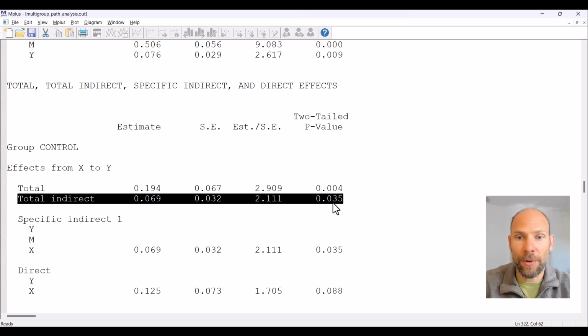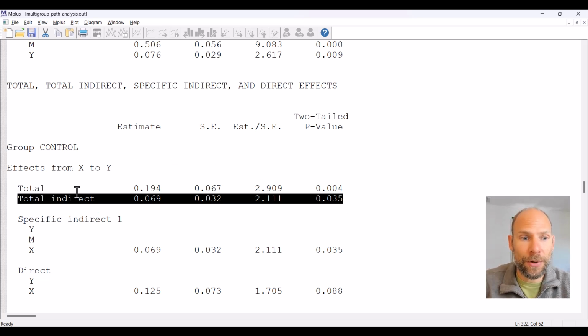The p-value is 0.035. Now, as I mentioned earlier, a better way to test the statistical significance of an indirect effect is by looking at the bootstrap confidence intervals, which are asymmetric, and then determining whether the confidence interval for a given level of alpha contains 0 or not.